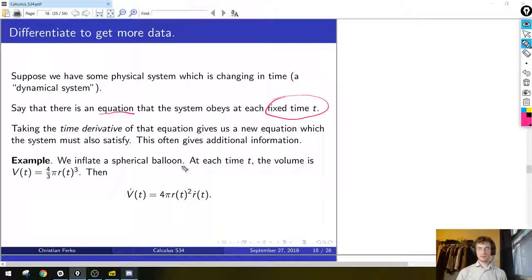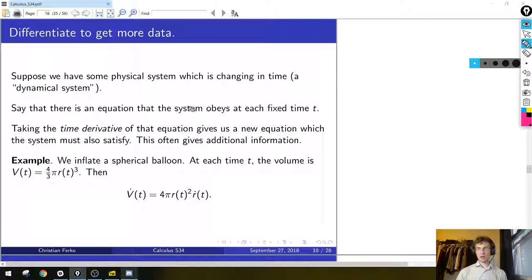I don't know, we'll have an example with a balloon, but this could be some relationship between the volume and radius, for instance, and that equation doesn't involve time explicitly, but you know that the system must obey that equation at every fixed time. So that will be our constraint.